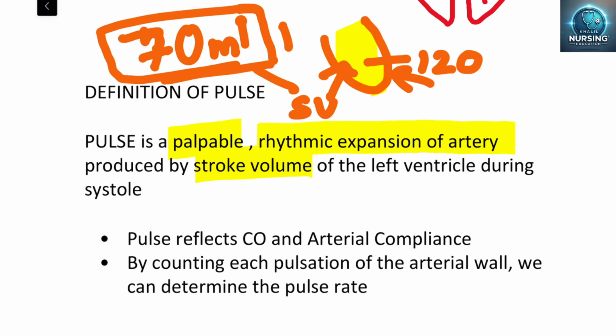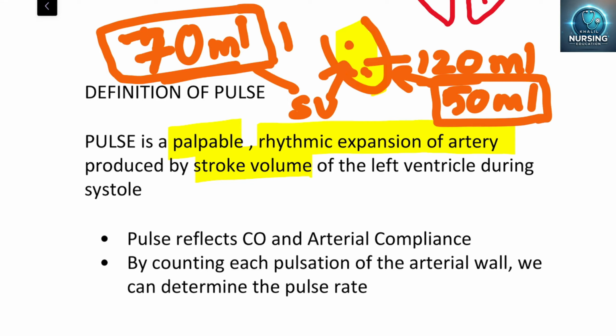So what was the remaining? 70 ml went out. It's totally 120 ml, 70 ml is ejected out, that is called stroke volume. The remaining in the left ventricle is 50 ml. This is the remaining volume of blood in the left ventricle per contraction, not per minute. Yes, this is the stroke volume of the left ventricle during systole. Systole means contraction.